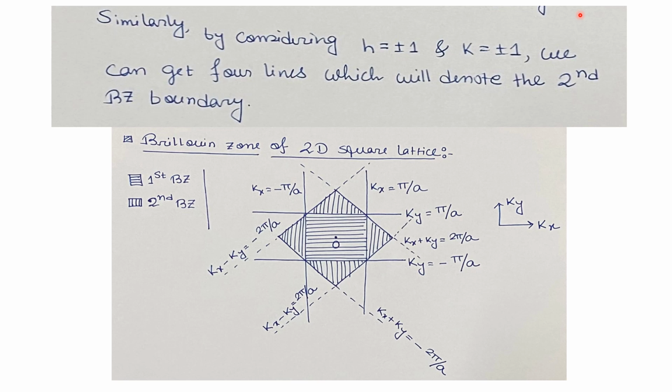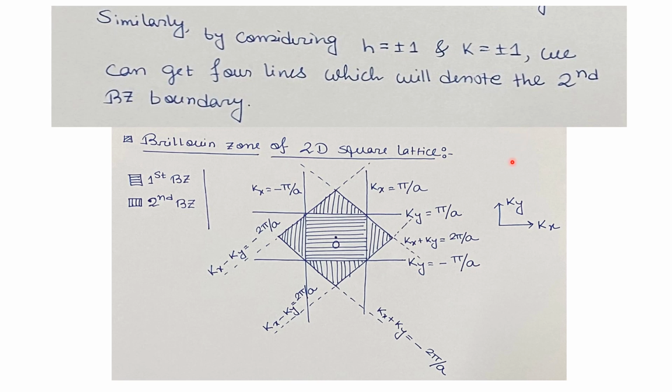Now we'll consider the next possible integer values for h and k, those are h equals plus minus 1 and k equals plus minus 1. If we put these h and k values in the equation of the locus of all k points that are Bragg reflected, we get another 4 lines, which give the boundaries for the second Brillouin zone in the 2D square lattice.